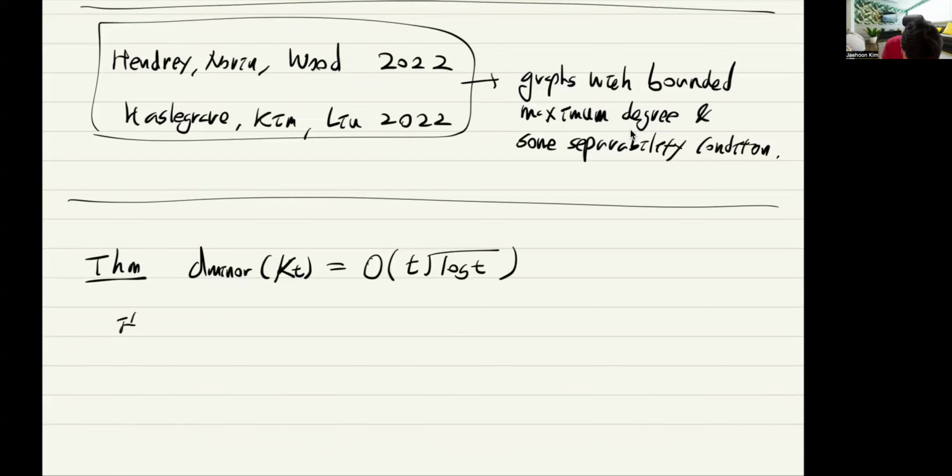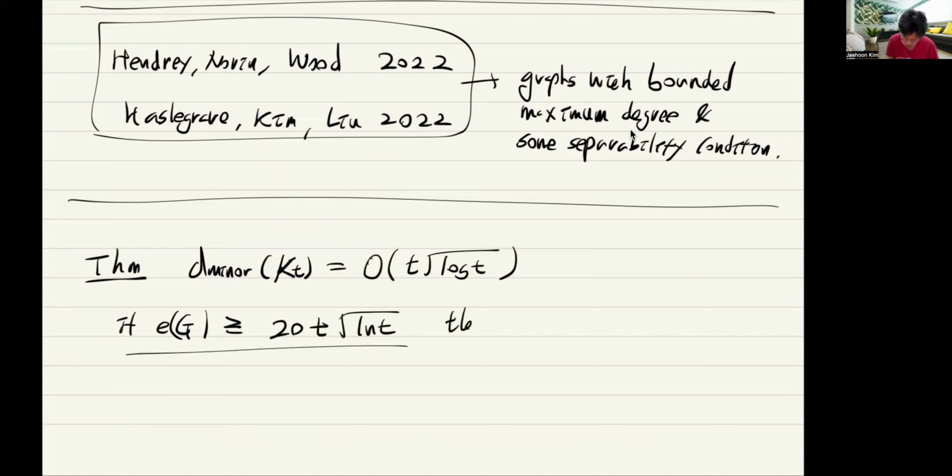Meaning that if we have an n vertex graph G with the number of edges being large, let's say like 20 t square root of log t, then G contains a K_t minor.